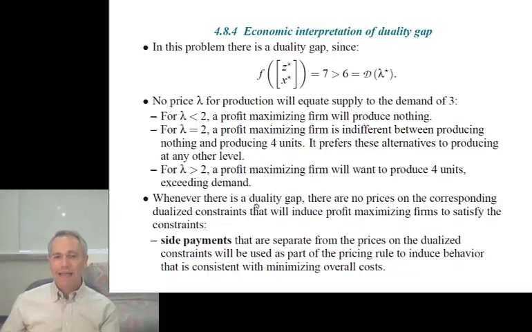Whenever there is a duality gap, such as this example, there will be no prices on the dualized constraints that will induce profit maximizing firms to satisfy the constraints. We'll see that we need side payments separate from the prices on the dualized constraints that need to be used in order to induce the right behavior. We'll come to that when we discuss unit commitment.